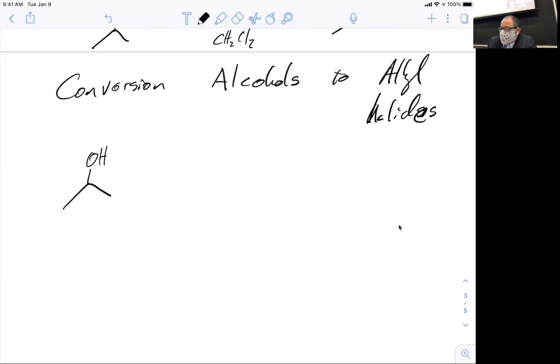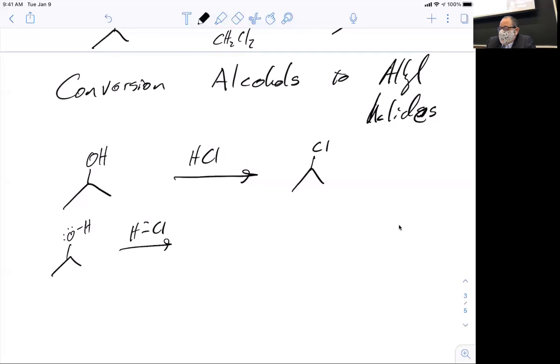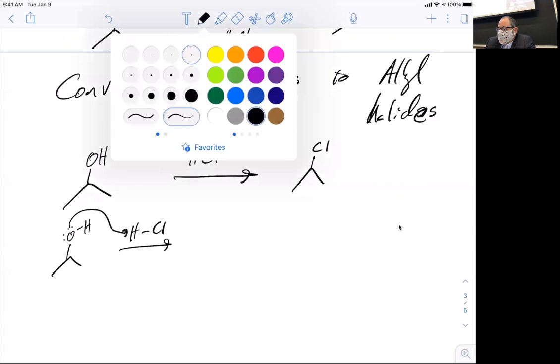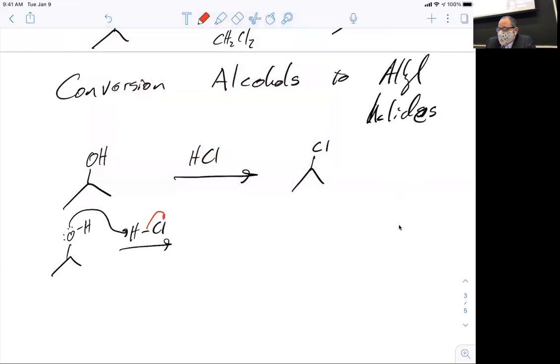We can take alcohols, react them with acids, right? And we can get the chloride. The process is going to be most likely SN1-like.